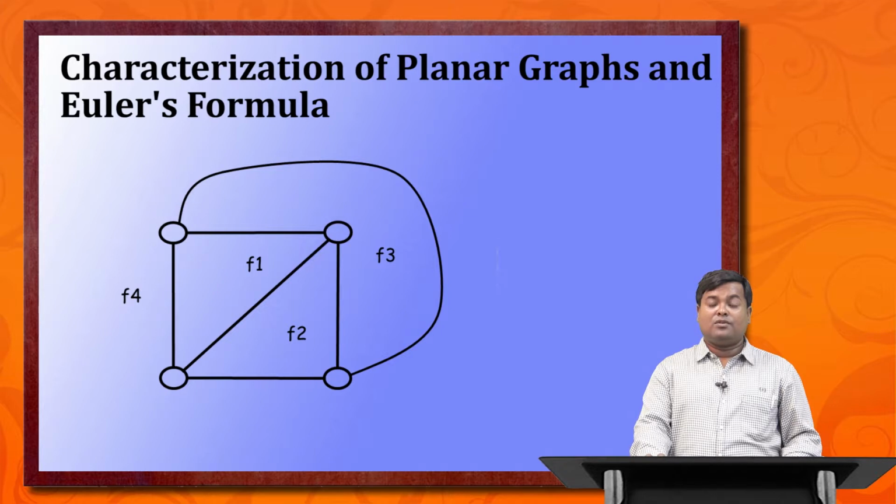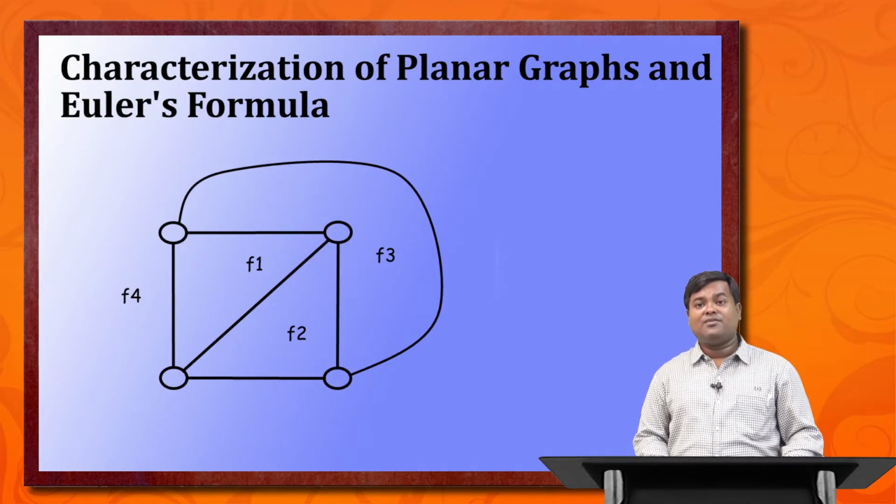So when we need to count the faces of a graph, we need to draw it in the plane. Even though it's a planar graph, there is no guarantee that it is drawn in such a way that we avoid the edge crossing.